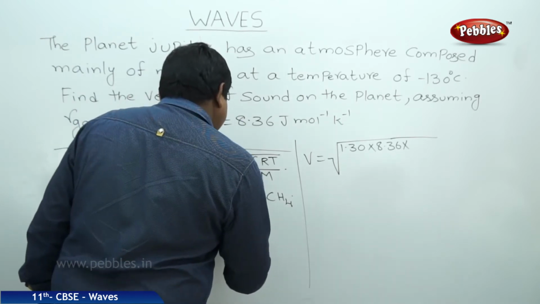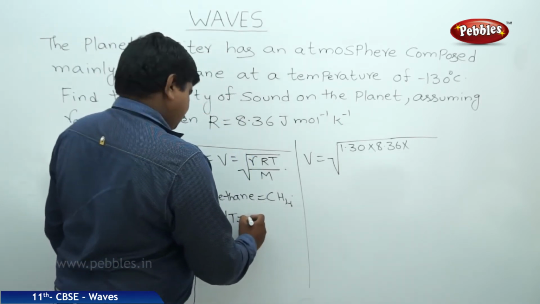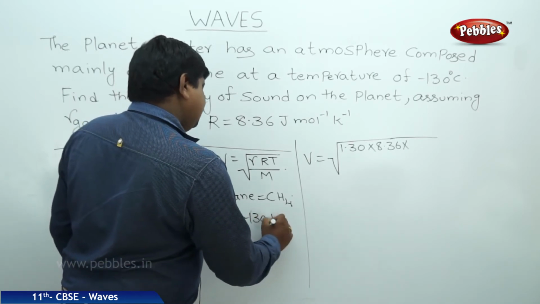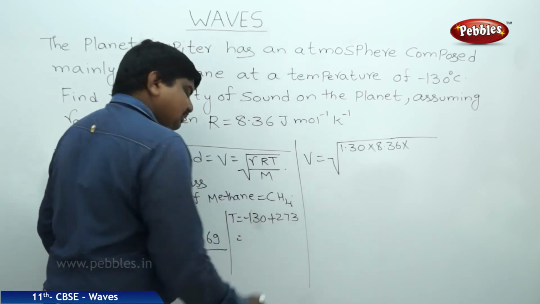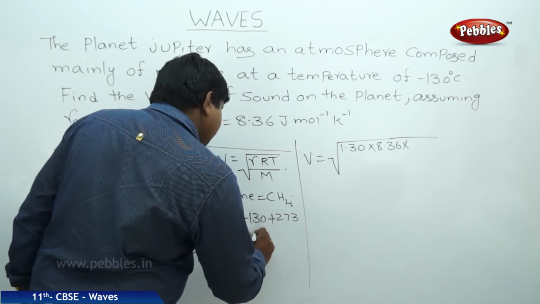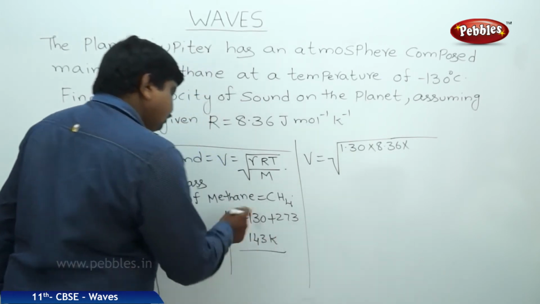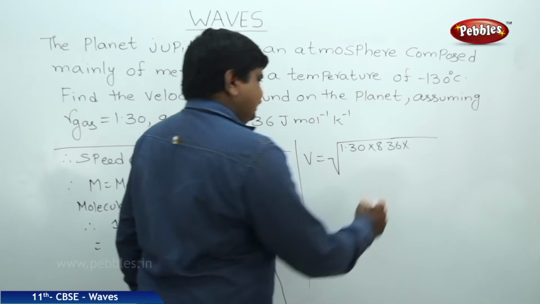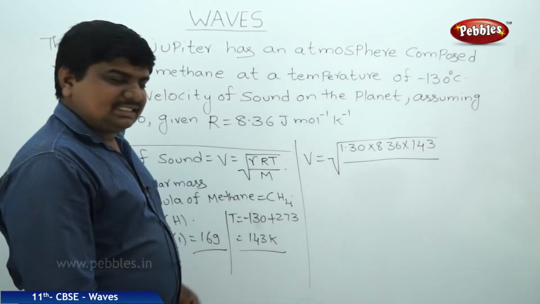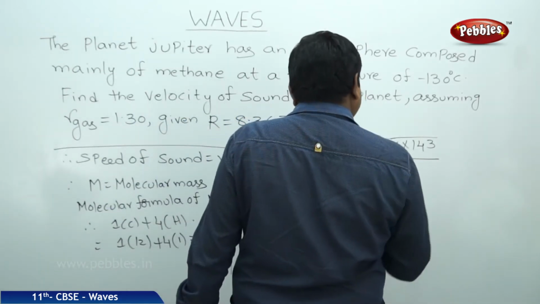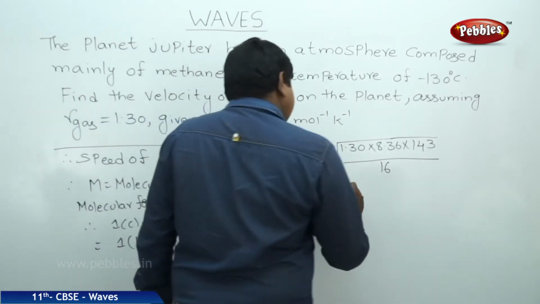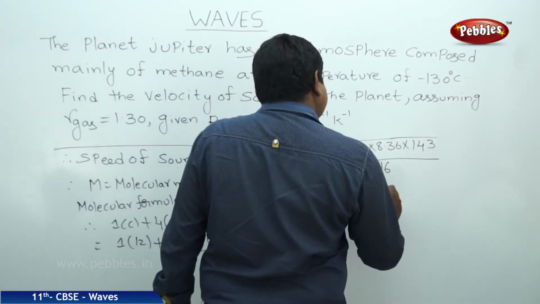Therefore, T is equal to minus 130 plus 273, because Kelvin is equal to Celsius plus 273. 273 minus 130 is 143 Kelvin. Now we substitute T is equal to 143 Kelvin there, whole divided by the mass, which is 16 grams. Therefore, v is equal to 311.6 meters per second.